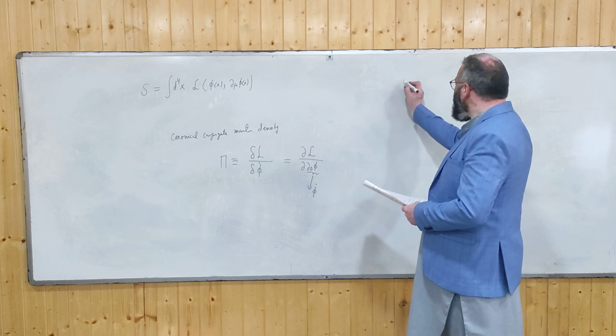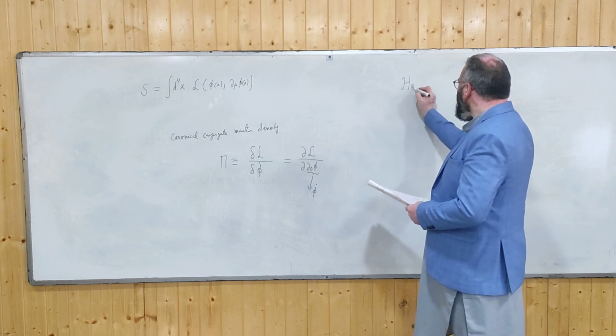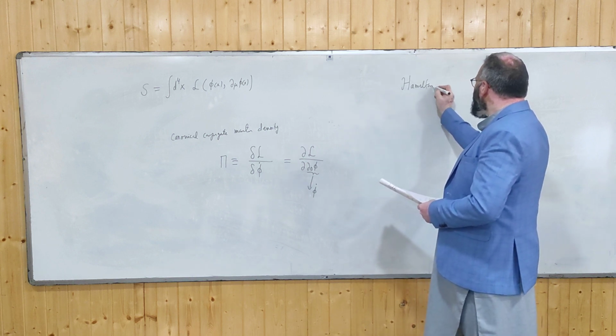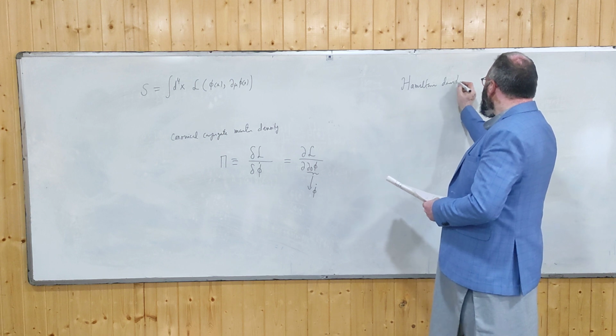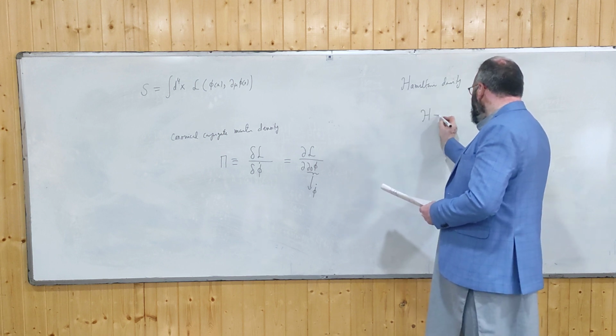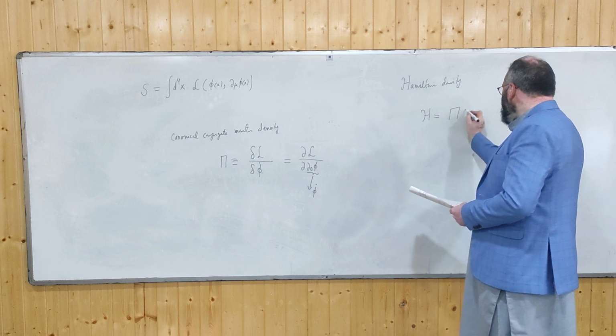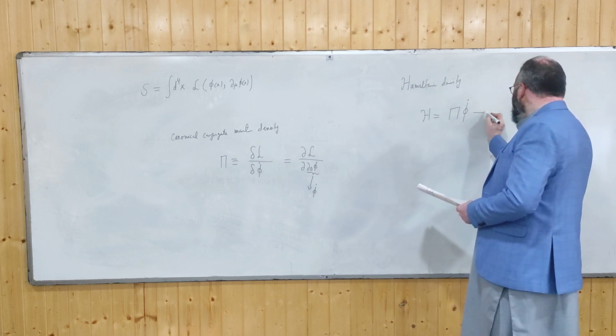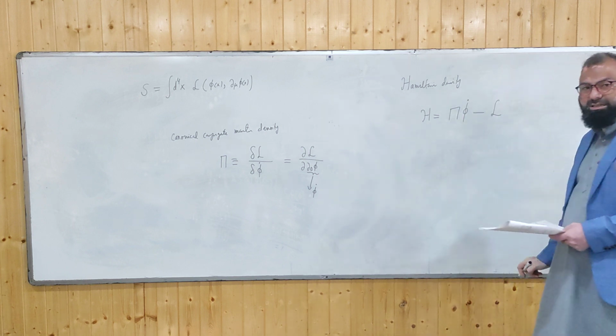So how do I define now the Hamiltonian? I am having now the Hamiltonian density, which I write as H. It is pi phi dot minus the Lagrangian density.